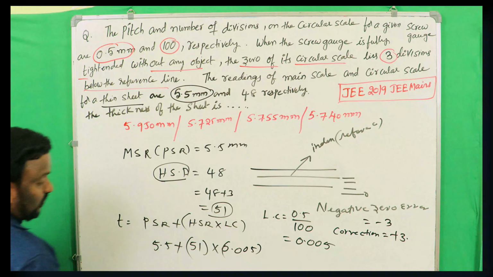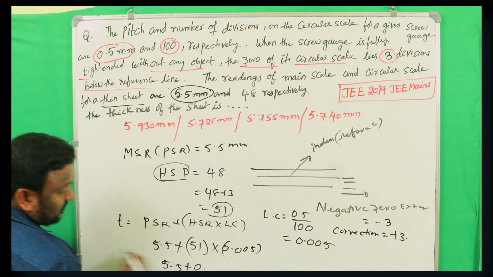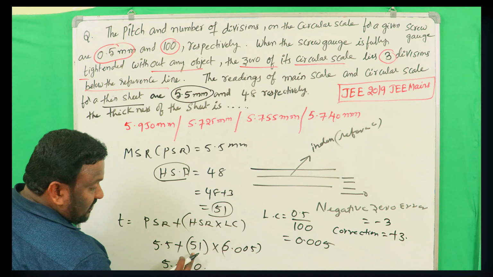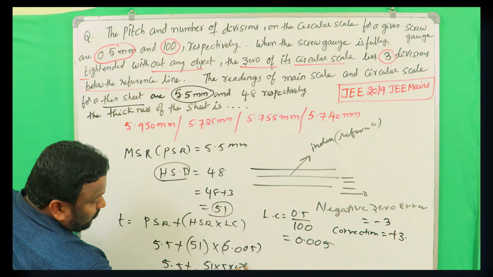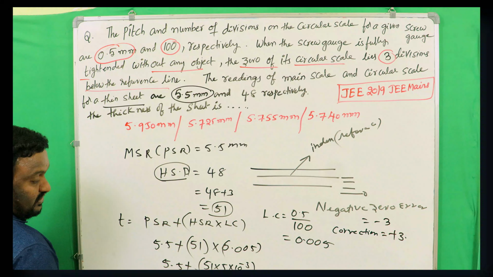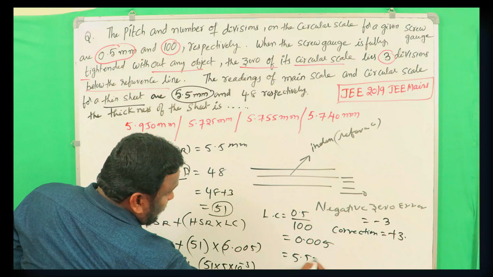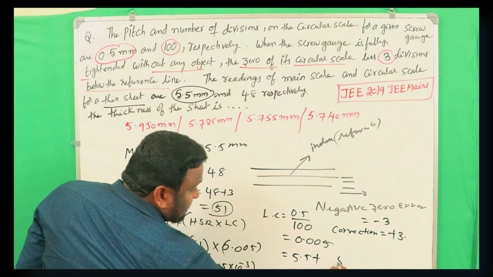So now it is 0.005. Then here 5.5 plus 51 into 5 into 10 to the power of -3. We can write here 51 into 5, that is equal to 255 into 10 to the power of -3.